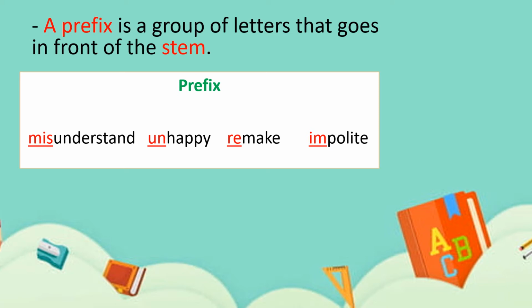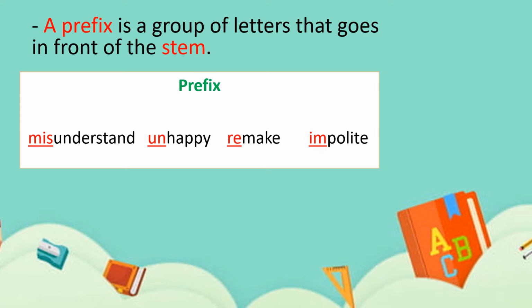Here I have the word misunderstand. The prefix mis comes at the front of the stem understand. Another example, which is unhappy. The prefix un comes at the front of the stem happy.